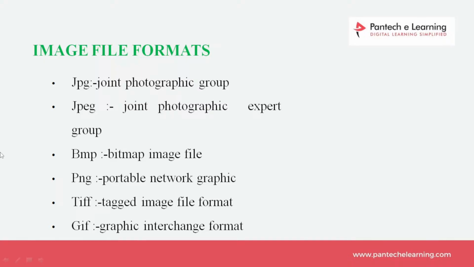Coming to the next one, the bitmap image file, it's like the JPG format with a few changes. PNG is a clearer format compared with the normal ones. Compared with JPG, PNG is a little better, and the quality of the picture is better. Like that you also have TIFF and GIF. You can understand all those extensions.